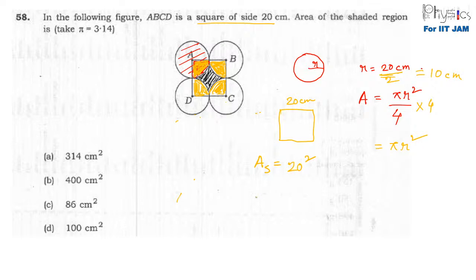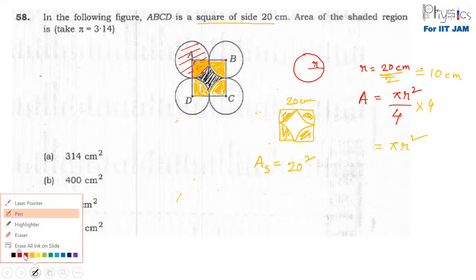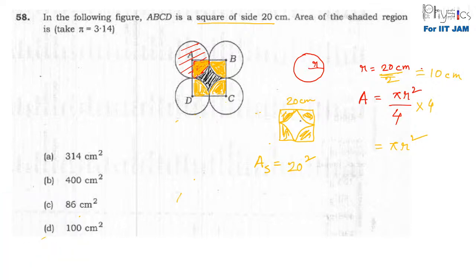20 square. Now we have calculated this region, which is equal to pi r square, right? It is equal to pi r square. Now we need to find the value of this region.